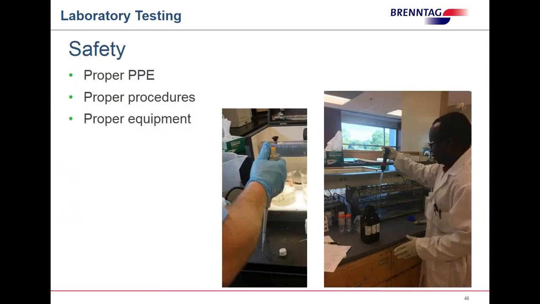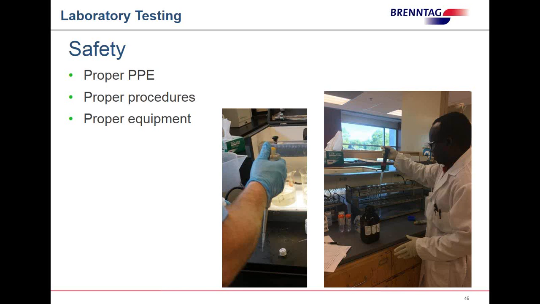So safety, very important. Obviously, there's a risk to health when working with any polluted material. Digestion solutions can contain high concentrations of sulfuric acid, so we want to make sure and use proper PPE.